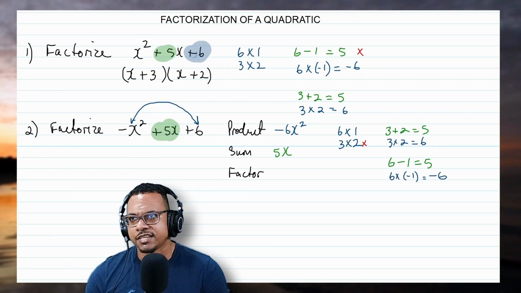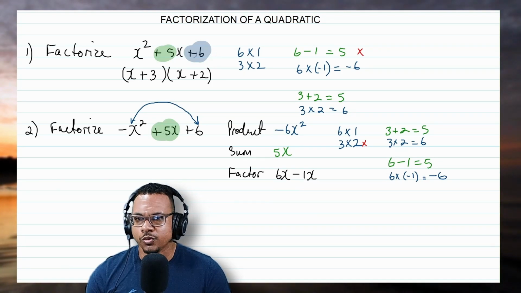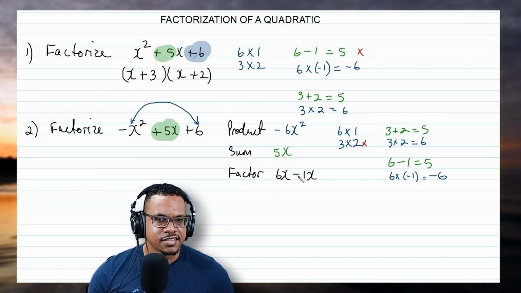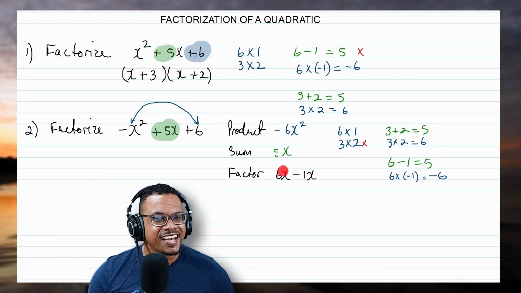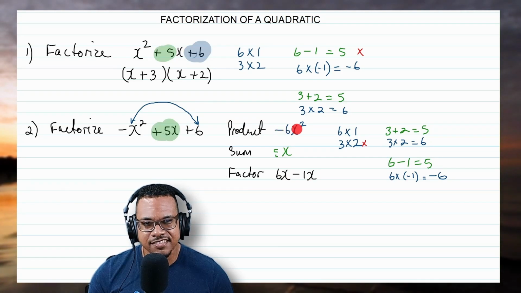So for my factors, I'm going to use positive 6x and negative 1x. Now notice, 6x take away 1x is positive 5x, and 6x multiplied by negative 1x is negative 6x squared.